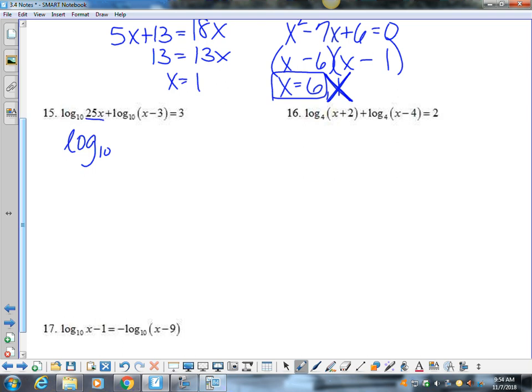So I'm going to take that and multiply it by that. Can I go ahead and distribute? Are y'all okay with that? 25x squared minus 75x equals 3. Everybody okay with what I just did?